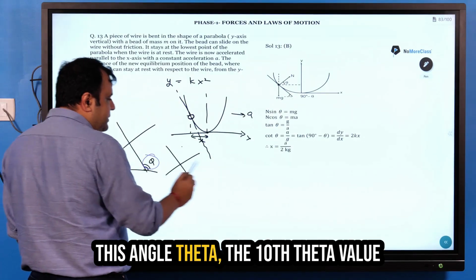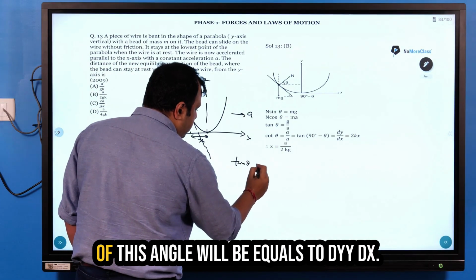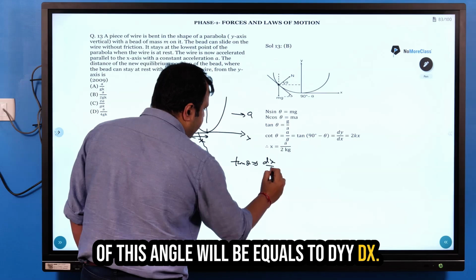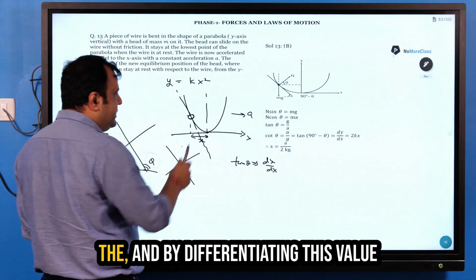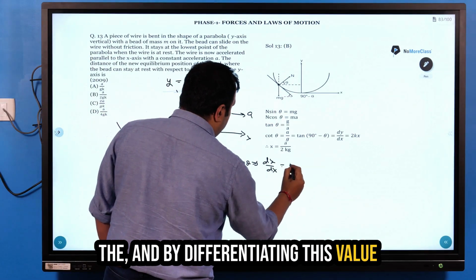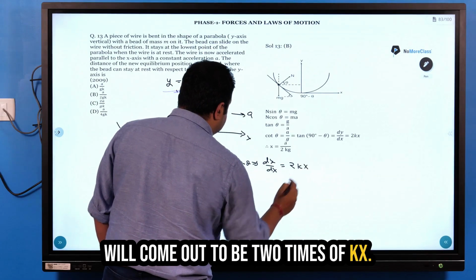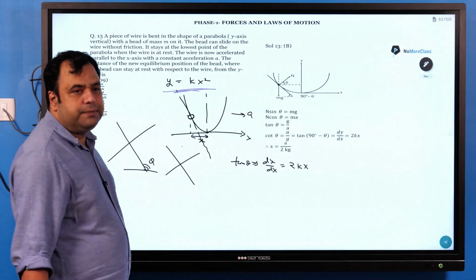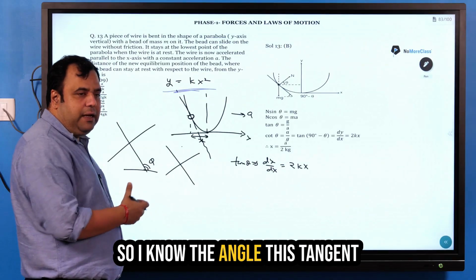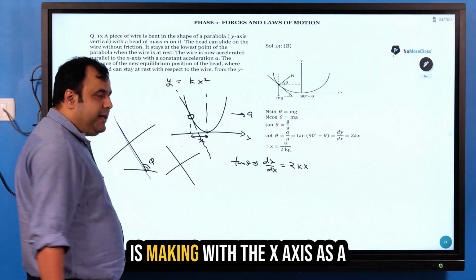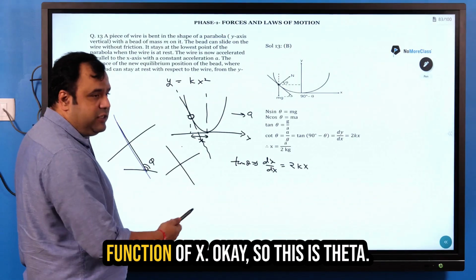The tan theta of this angle will be equal to dy by dx. By differentiating this equation, I'll be able to calculate the value of theta, and it comes out to be 2kx. That's the value of tan theta. So I know the angle this tangent is making with the x-axis as a function of x.